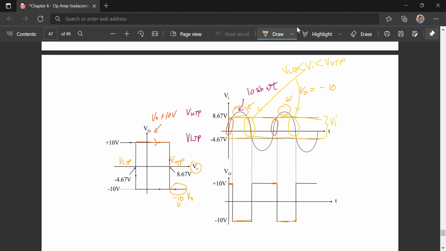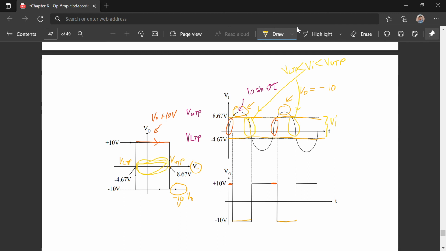Here Vin is less than VUTP but greater than VLTP, so at the middle of the graph.